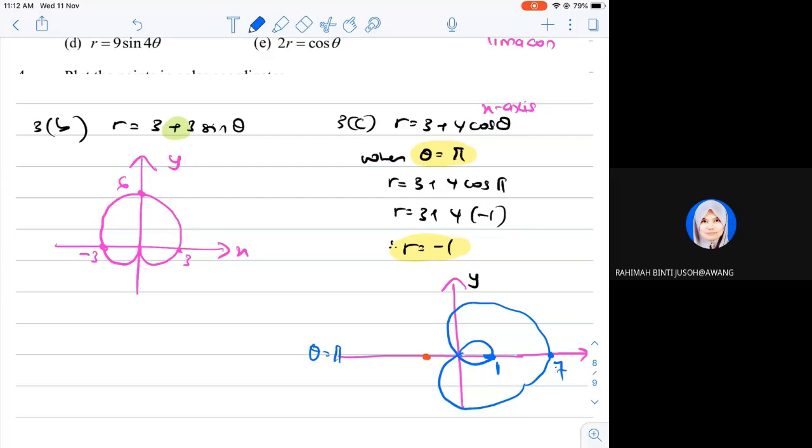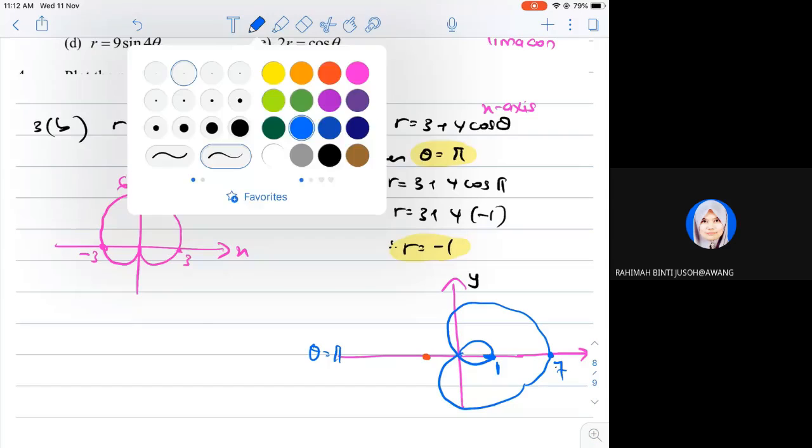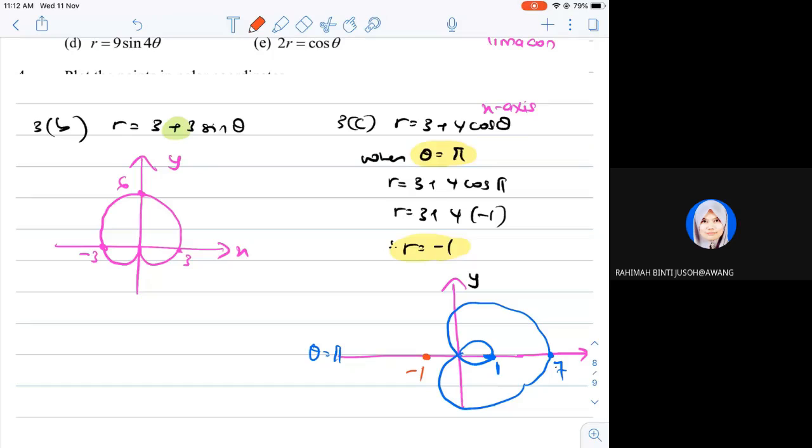Okay guys, let me explain to you. Okay, ada student tanya every semester, Madam, kenapa radius negative 1 tapi kita buat masuk dalam? Sedangkan kat sini nilai dia memang negative 1. Ni, negative 1. Kenapa nak kena masuk dalam? Okay, the answer is like this. If you consider the rectangular coordinate, yes, negative 1 should belong to negative x-axis.